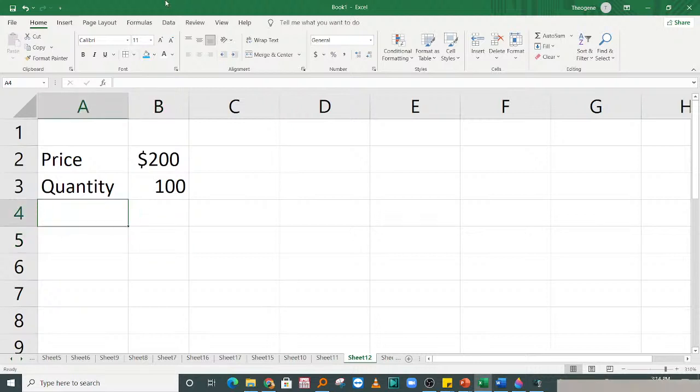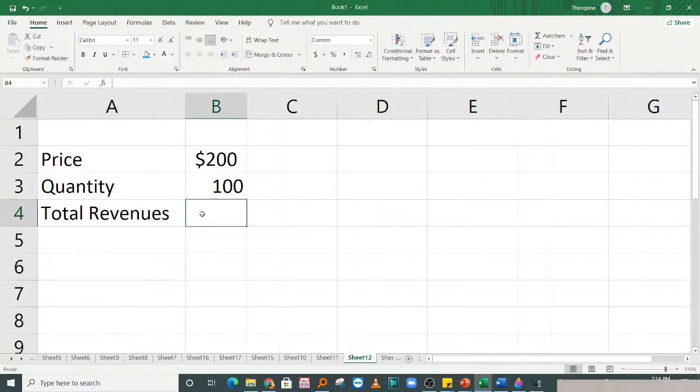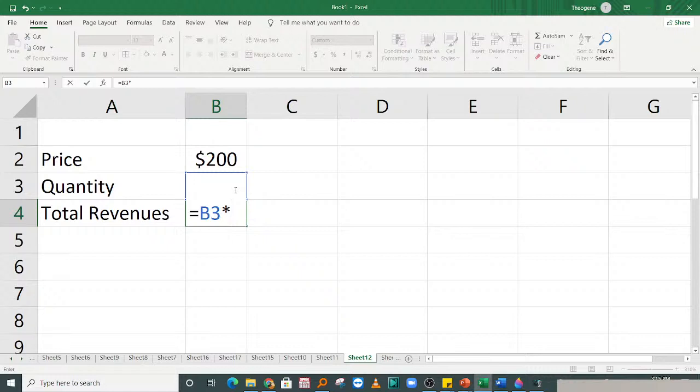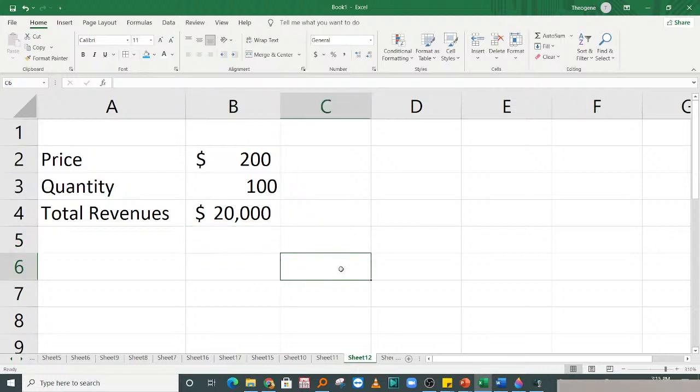Actually, the total revenue: if you have the quantity 100 and the price per unit is 200, multiply, you find this one. It is around $20,000.